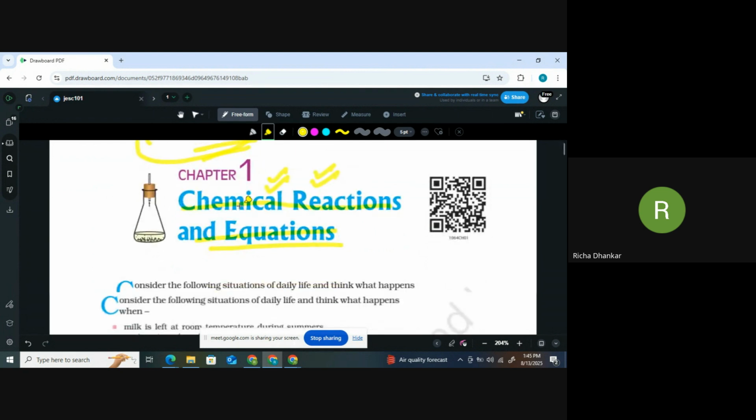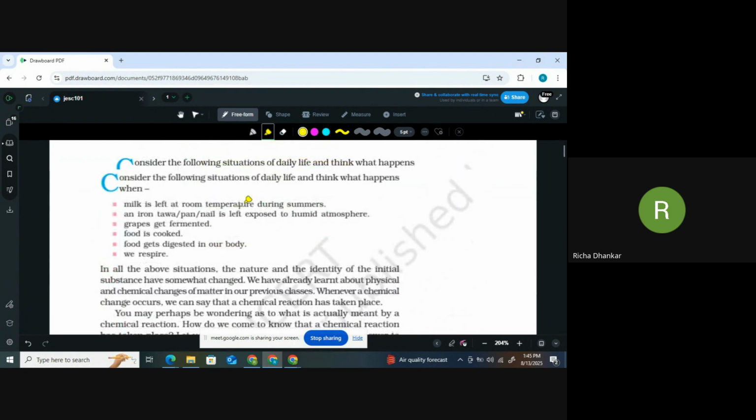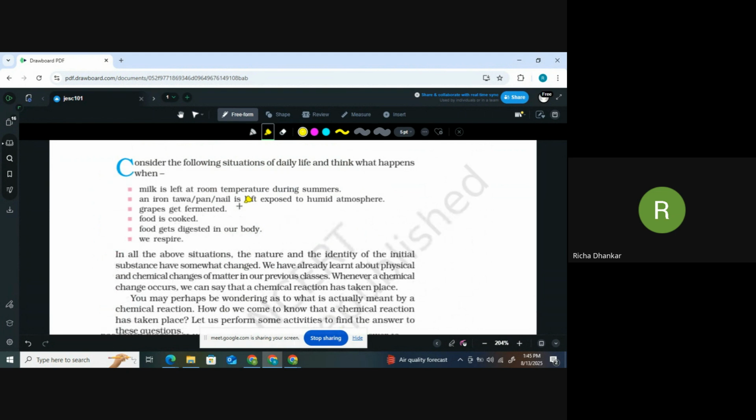The first chapter, chemical reactions and equations, unfolds by discussing certain examples from your day-to-day life. The first one is milk left at room temperature. You must have seen a phenomenon called curdling of milk taking place.